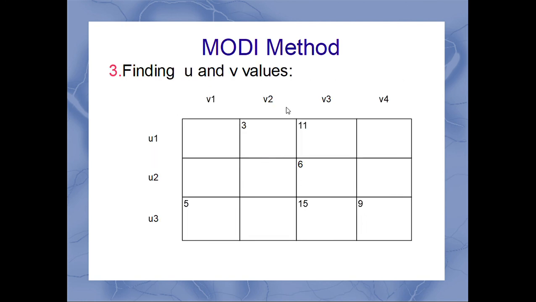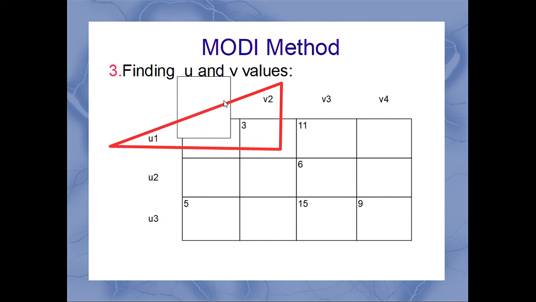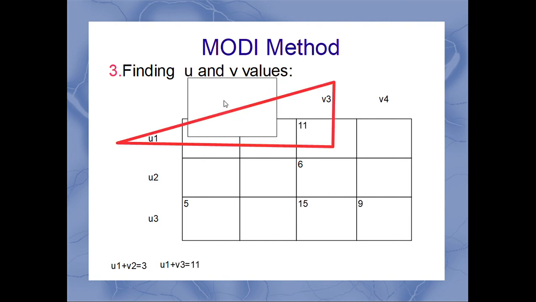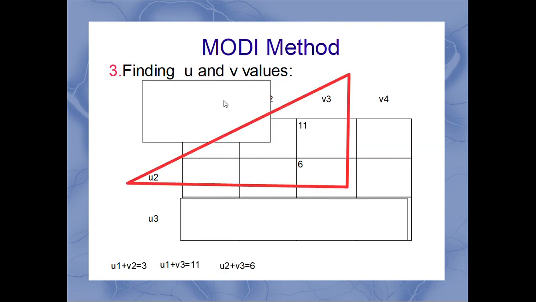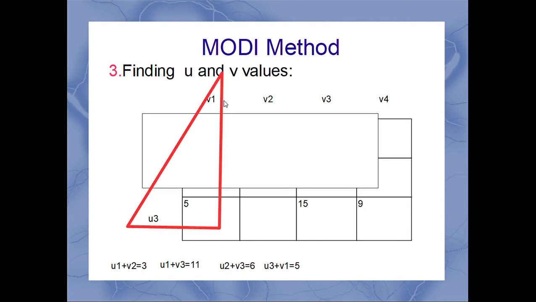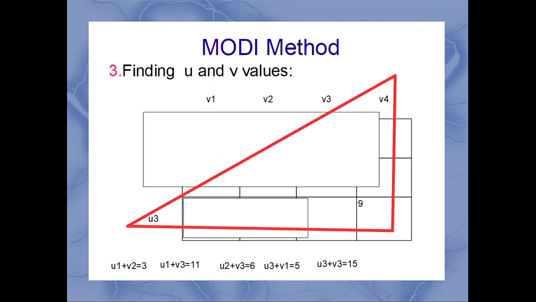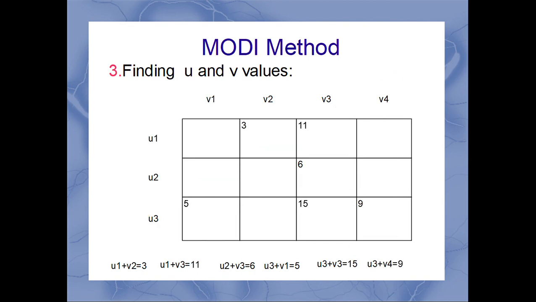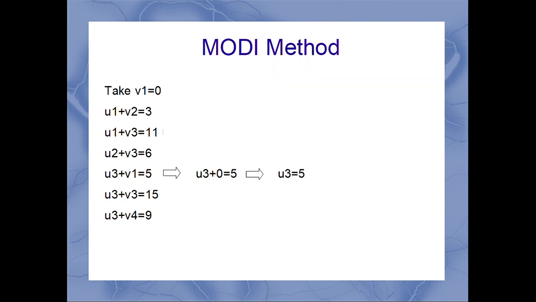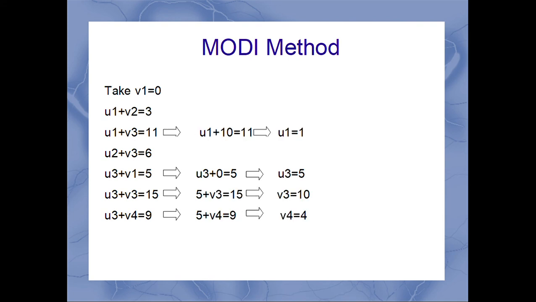So here we have taken u1, u2, u3 and v1, v2, v3, v4 against the rows and columns, and u1 plus v2 equal to 3, u2 plus v3 equal to 11. Likewise we will form our equations, right? Similar procedure, and taking v1 equal to 0 and solving all these equations, we will get the values of all the variables.